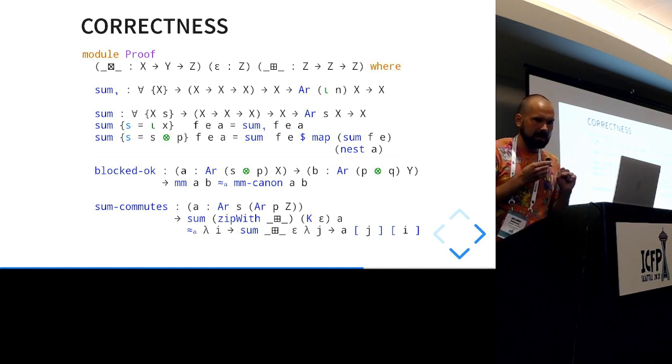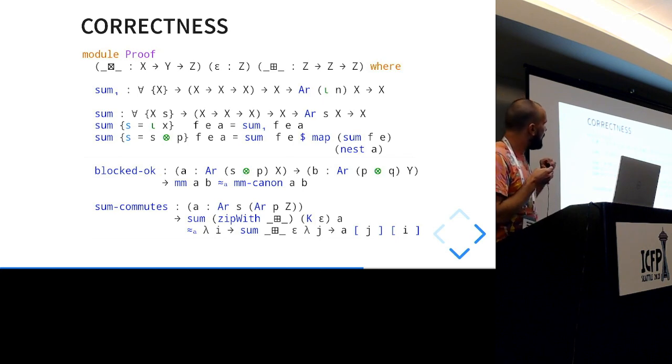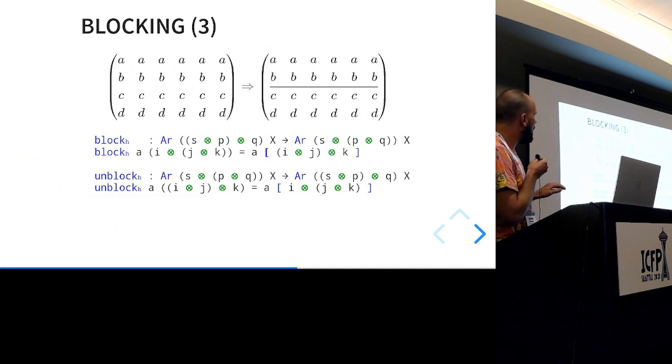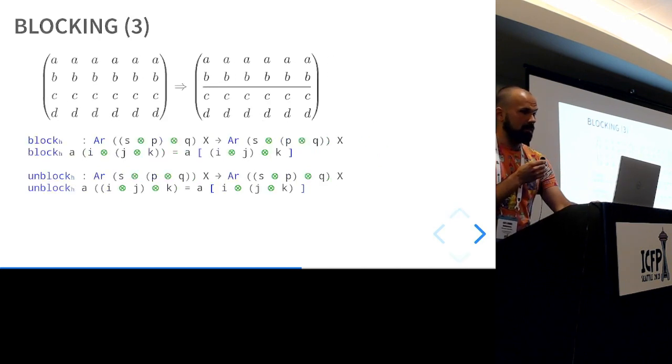Now, why is this the case? This is the case because the blocking that I defined here never changes the rank of the array, right? It only transposes certain things around. It reshuffles the index components, and then it reshuffles them back when it's done applying things recursively. So I never reduce or increase the ranks of my arrays. That's why this result holds.